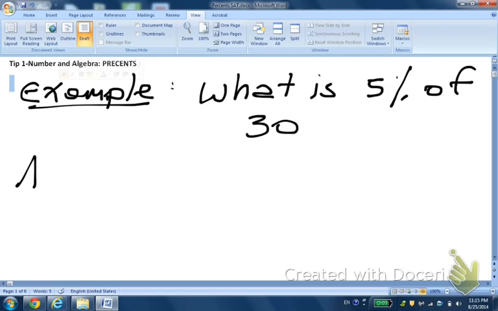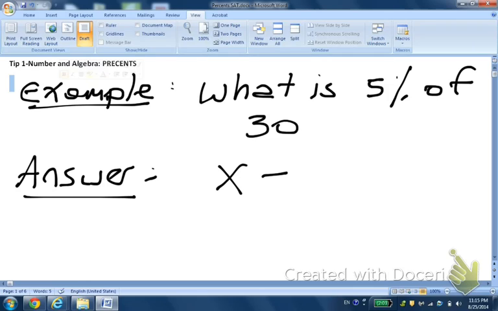How do we write this? Let's check this out. What is 5% of 30?